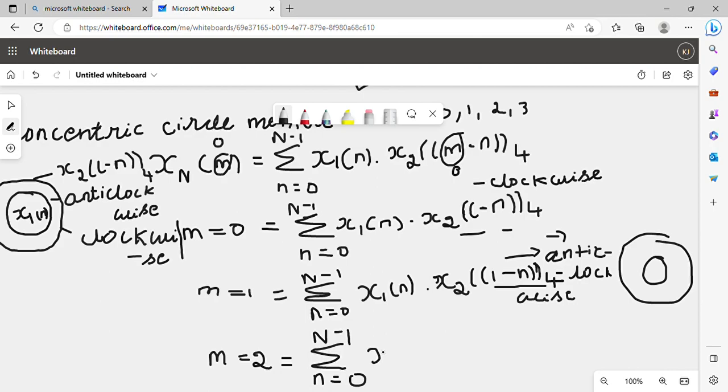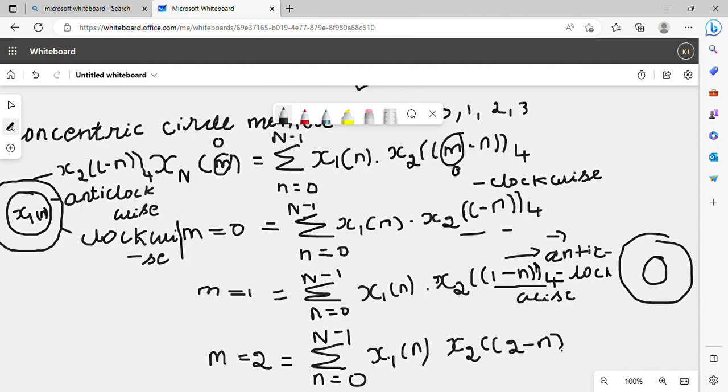Yes, this is x1 of n into x2 of, just a minute, I don't know why it is becoming so slow. Wait a second, I'm so sorry. x2 of 2 minus n, right?